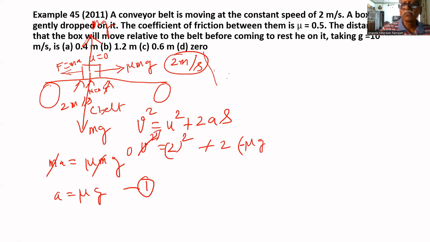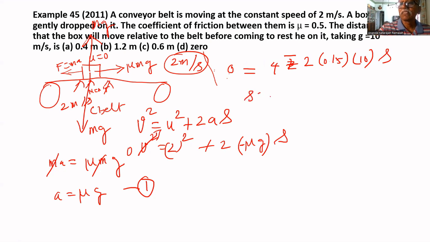This is retardation, that's why minus mu g multiplied by s. Mu equals 0.15, g equals 10.